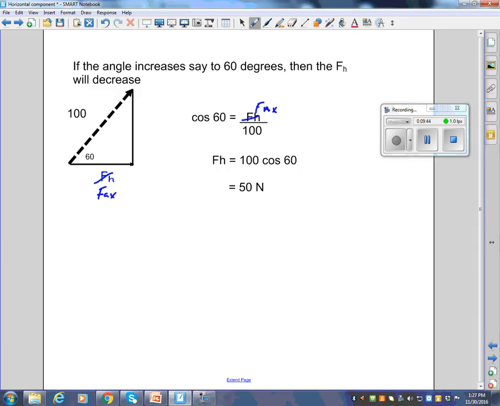It's the same process over and over. Really, all you need to write here is if the angle gets bigger, the FH gets smaller. That's all you really got to know. As the angle gets steeper, the horizontal component gets smaller. Good check, yeah. Makes sense?